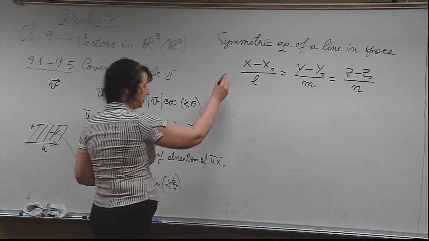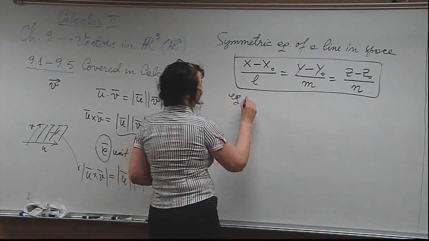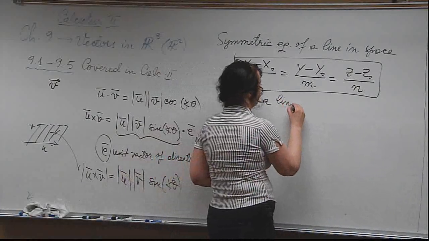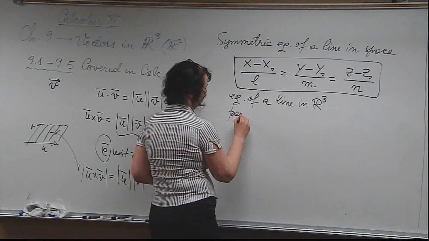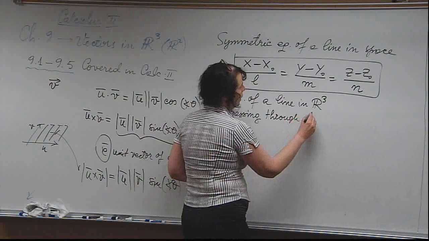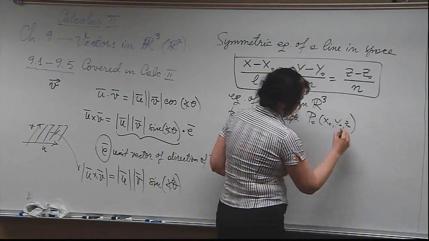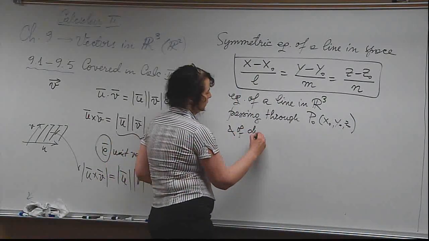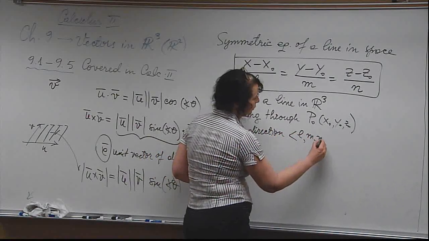So that is the symmetric equation, meaning the equation of a line in space passing through or containing the point P naught of coordinates x naught, y naught, z naught, and of direction element in the sense of a vector.